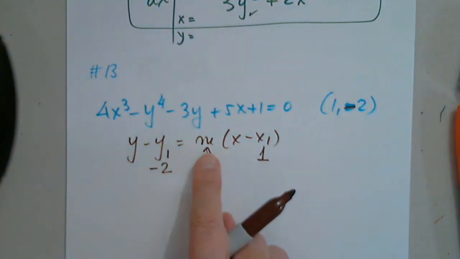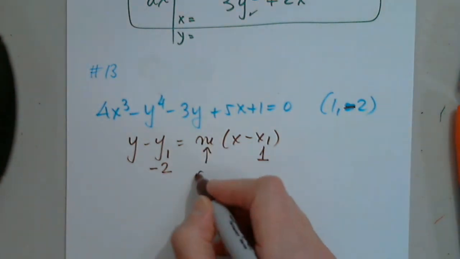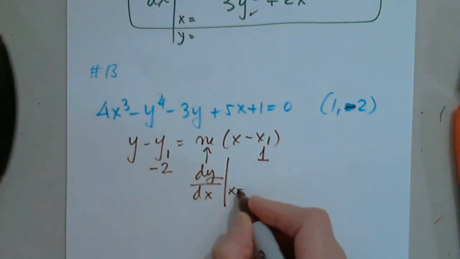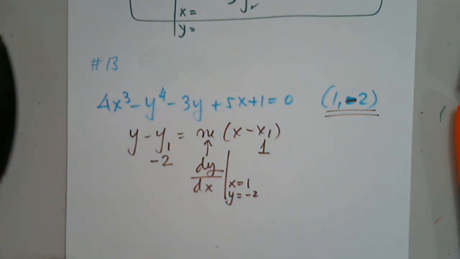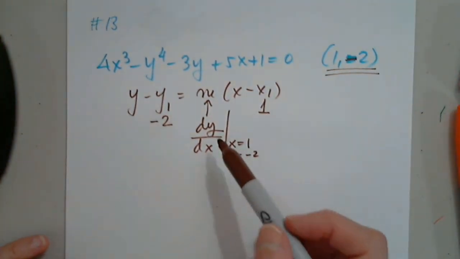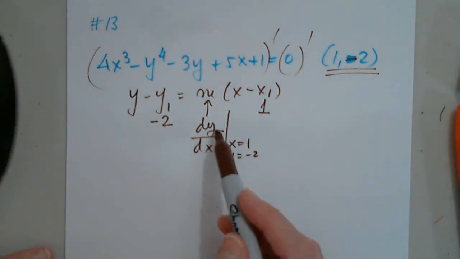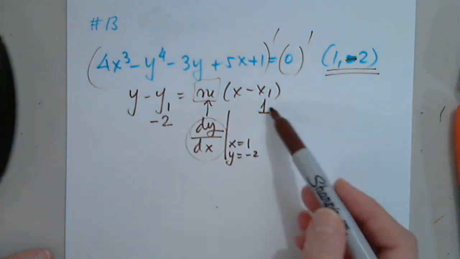So the only thing I'm missing is the slope. This will be nothing else but dy over dx evaluated when x is 1 and y is negative 2, according to the given point. So I will differentiate the left-hand side, I will differentiate the right-hand side, get dy over dx, plug this in, get the number, finish up the equation.